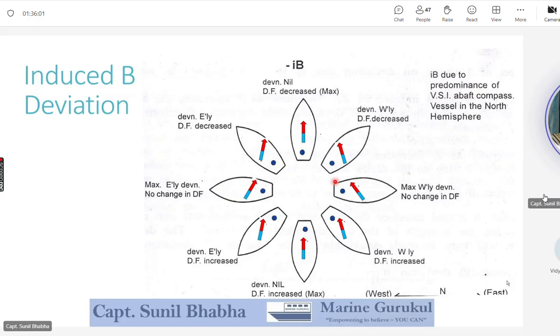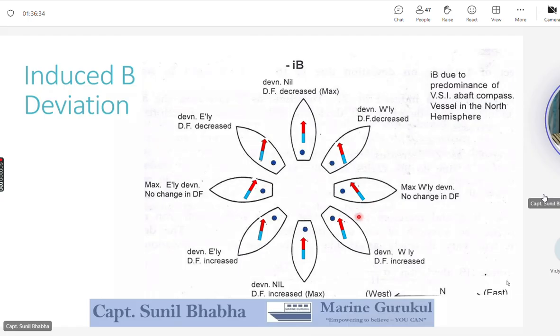When the ship goes on an easterly heading, the blue pole of the funnel is at right angles to the field of the Earth. It is exactly west of the compass. It generates the maximum deviation. This blue pole of the funnel attracts the red end of our compass magnet and repels the blue end, generating maximum westerly deviation.